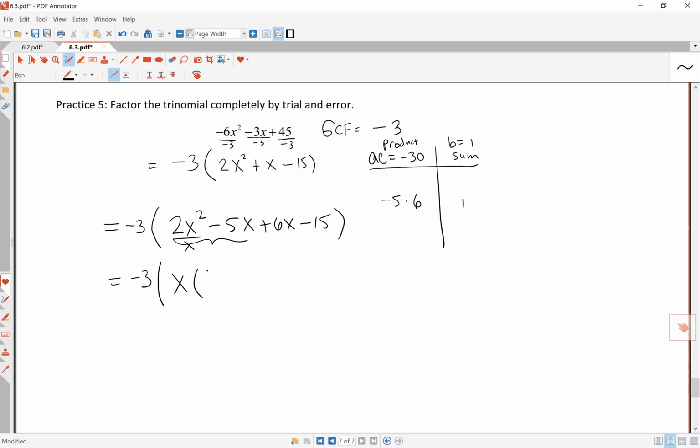Factoring an x off of 2x squared leaves me with 2x, and an x from a negative 5x leaves me with a minus 5. From the 6x minus 15, we can factor off a 3. Taking a 3 from a 6x leaves me with 2x, and factoring off a 3 from a negative 15 leaves me with a minus 5.